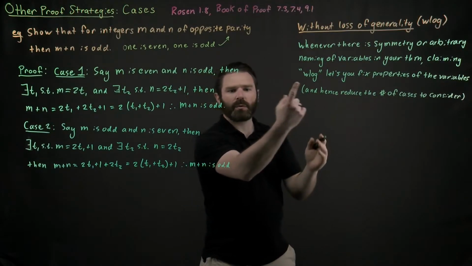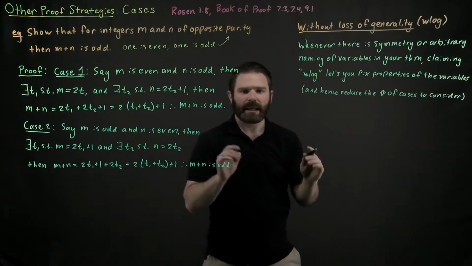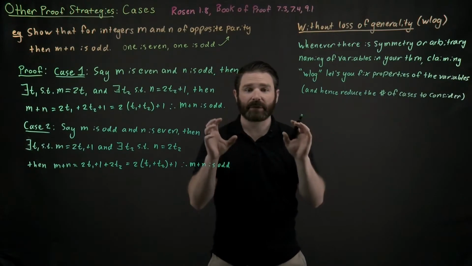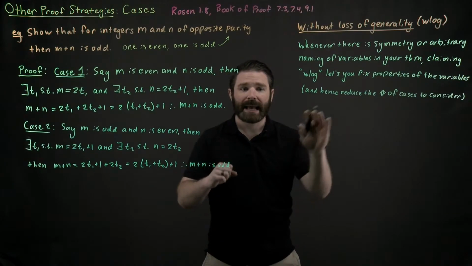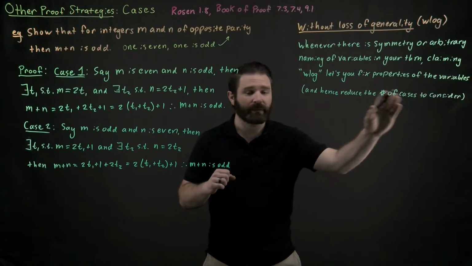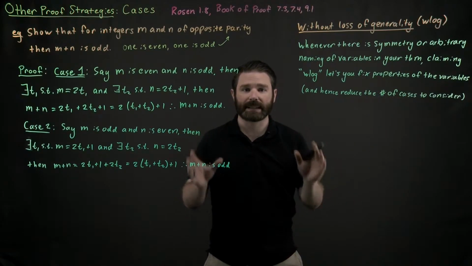So by claiming without loss of generality, this lets you fix different properties of your variables and hence reduce the number of cases that you have to consider.